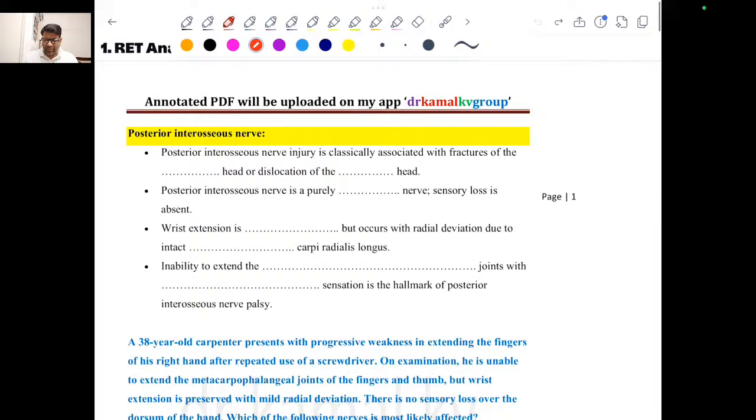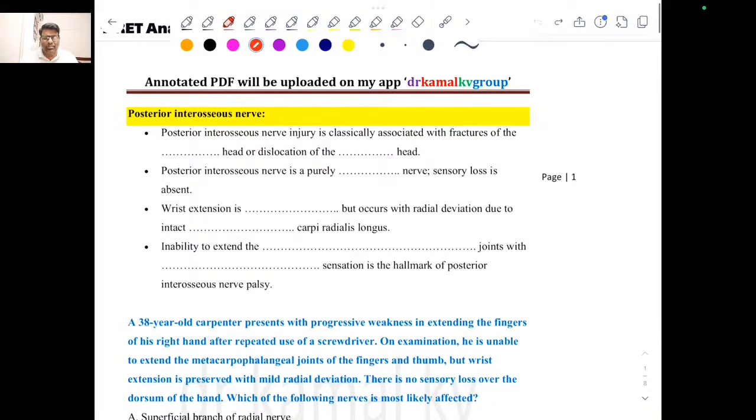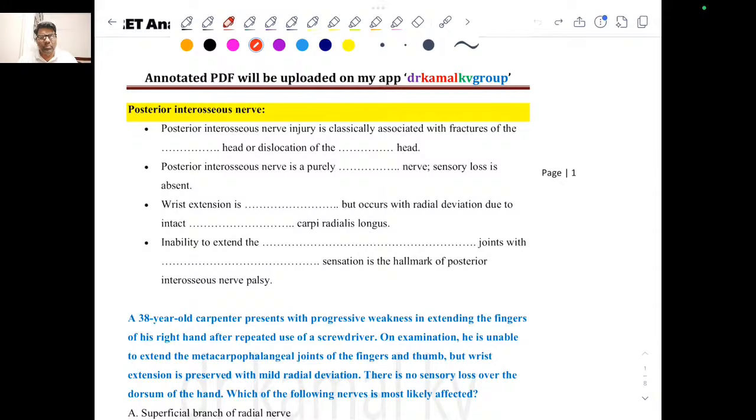So I have compiled a few topics for today's session. We'll start with the topics, then a few important lines from that topic. We won't go for the entire detail, just a few important points related to the topic, followed by some practice questions. So the very first topic which I am taking today is the posterior interosseous nerve.